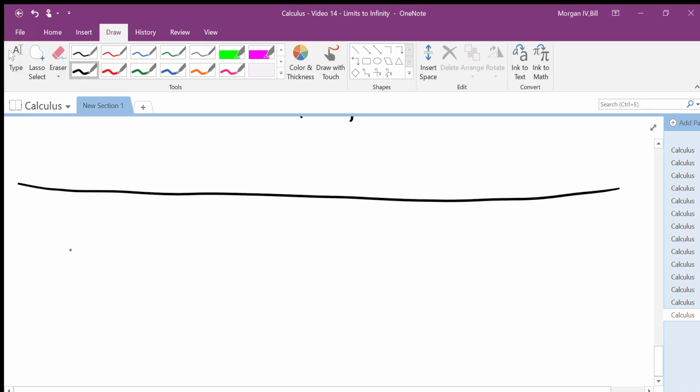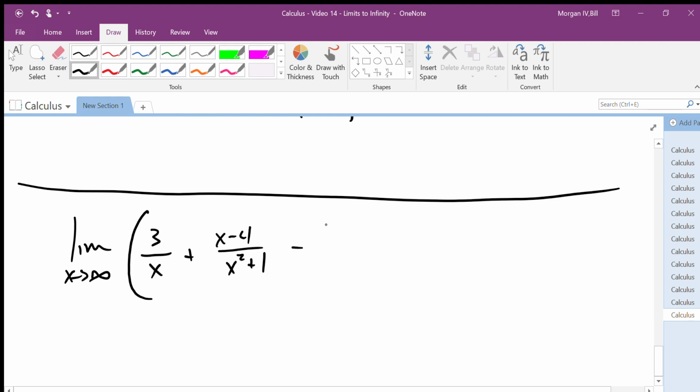Let's do this one. How about the limit as x goes to infinity of 3 over x plus x minus 4 over x squared plus 1 minus 5. Okay, so 3 over x, you're thinking about letting infinity into the x there. 3 divided by infinity, that's going to go to 0.